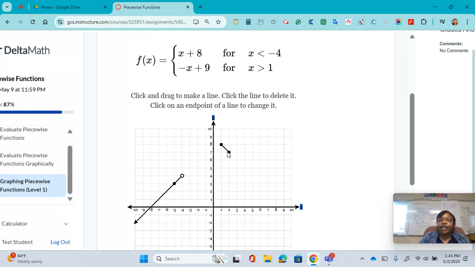And this is for values greater than 1, so it goes to the right forever. Click it twice to go on forever. A negative 1 slope where the x values are greater than 1. Is that an open circle or closed circle? Open circle.